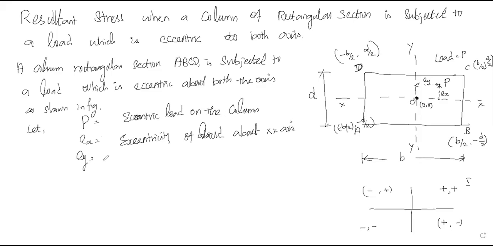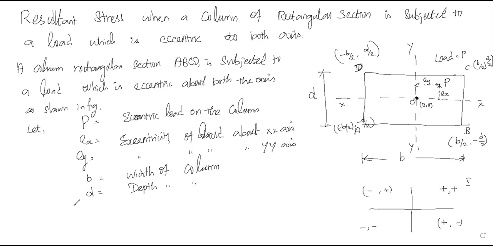Similarly, Ey is equal to eccentricity of load about y axis. Breadth B is equal to width of the column. D is equal to depth of the column.